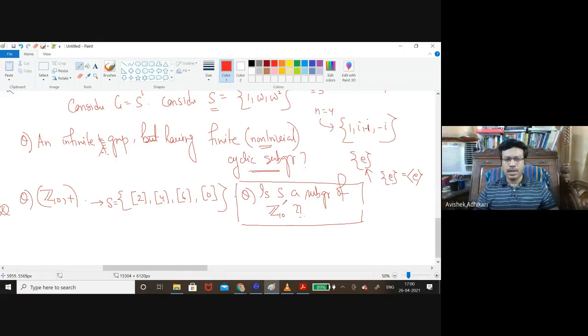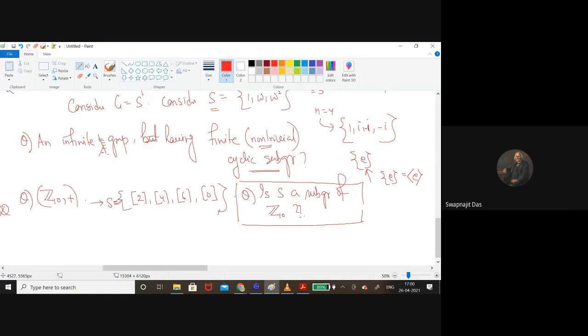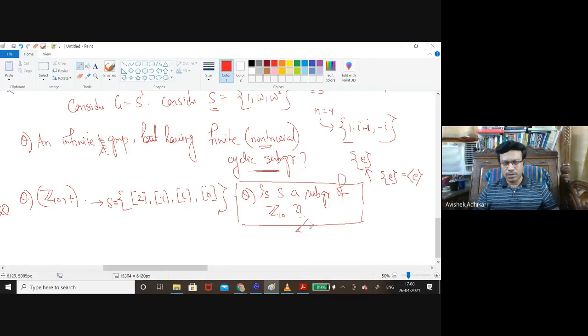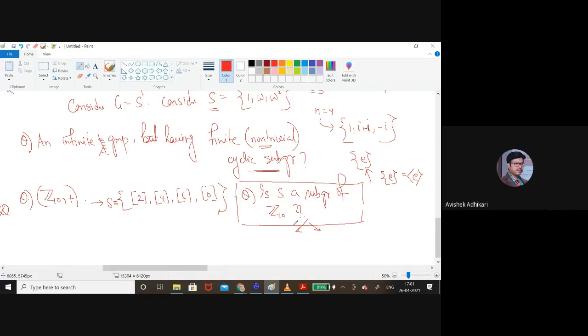By any means, you know many things now about group theory and subgroups. No. Why not? 2 plus 6 equals 8 is not present in this set. Very good.